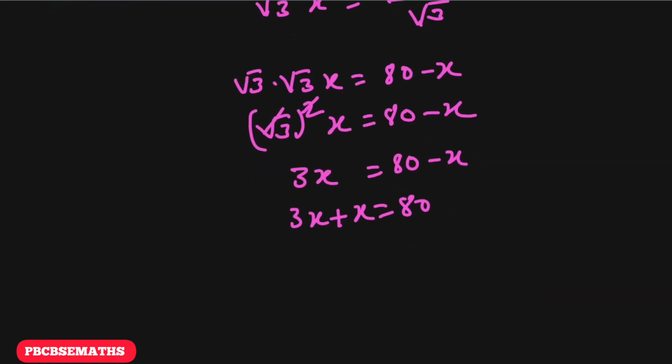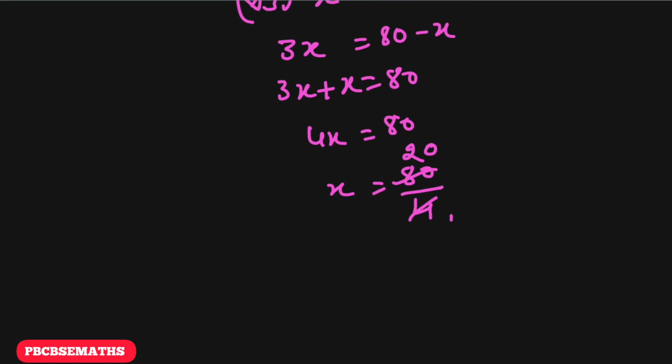Then 3x plus x gives us 4 times x is equal to 80. Then x equals 80 by 4. Therefore, we can say that the value of x is equal to 20.